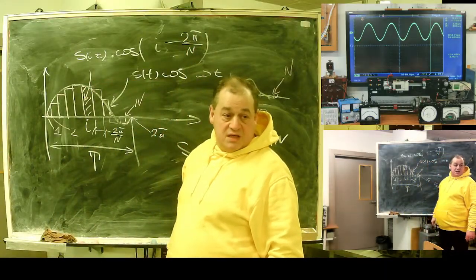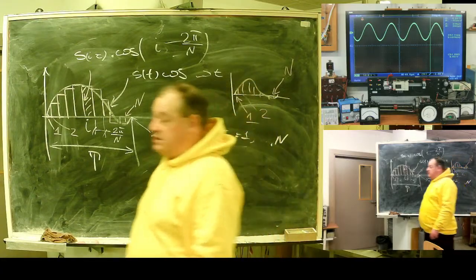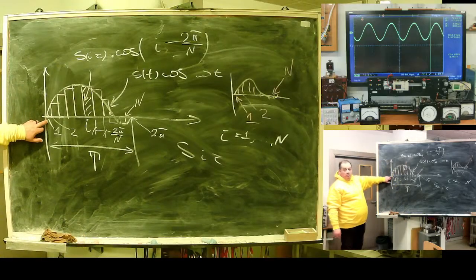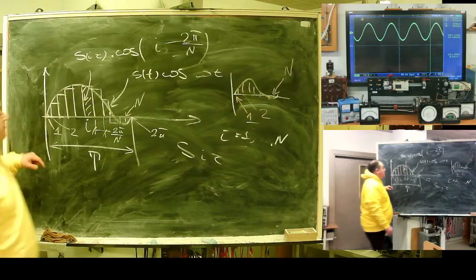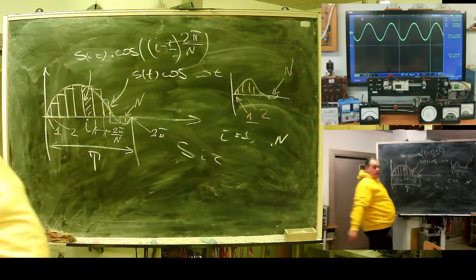You will see this in many books. And here is one tiny problem. I started numbering from point 1, but the angle at this point is 0. So I need to correct this.